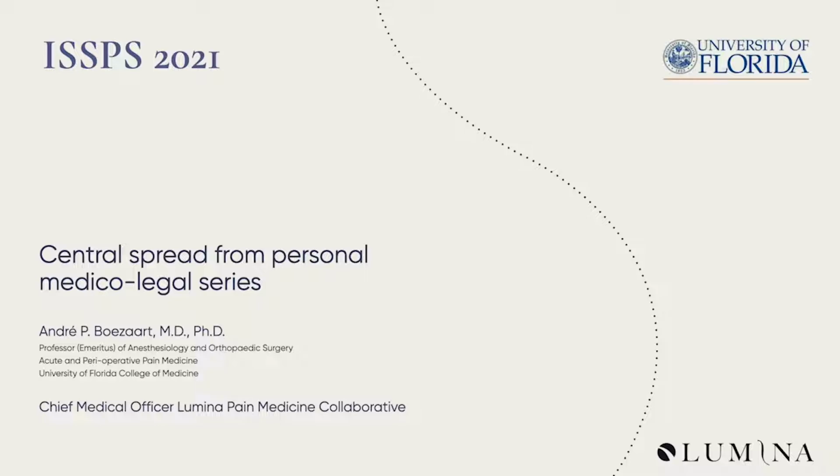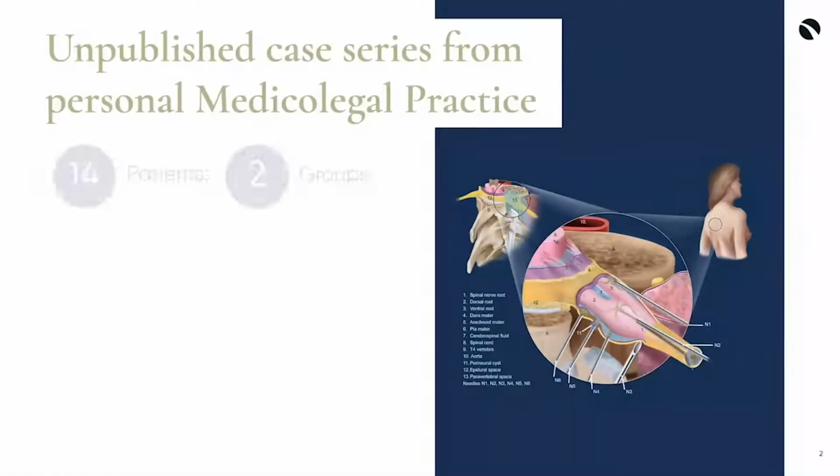And remember, an interscalene block is a cervical paravertebral block if done on the root or even in some patients on the trunk level. It was possible to allocate the patients into 2 distinct groups, and we added a 3rd group from our own clinical practice.